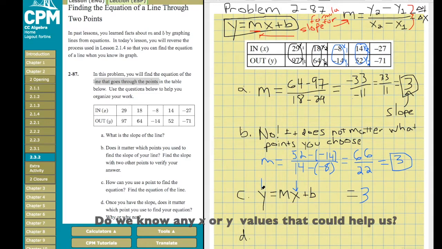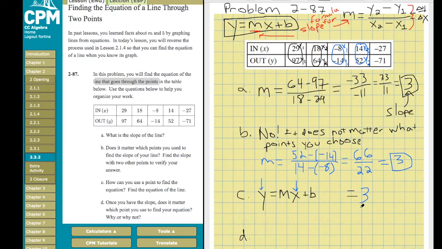What can I drop in for y? Are there values that I can drop in for x and y? Well, in fact, there are, right? There are a whole bunch of x and y values. And what makes these points on the graph, points on the line, is that these coordinates will satisfy the equation we're trying to write. So just like with slope, where you can use any 2 points that are on that line.